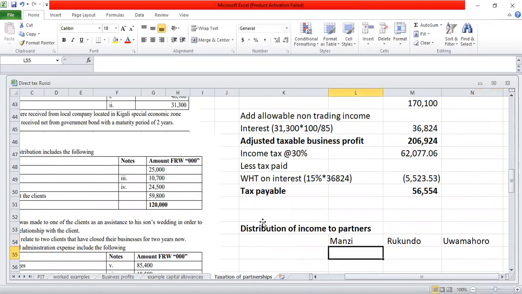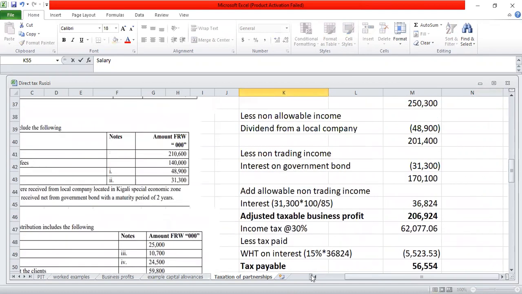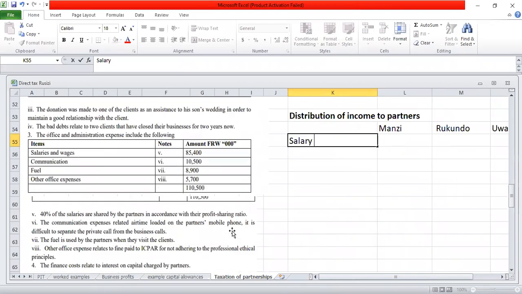So their first distribution is the salary. The salary they get. So remember, their total salary is how much? The other point here on administration, he said 40% is the salary of the partners. So the total salary is 85,400.